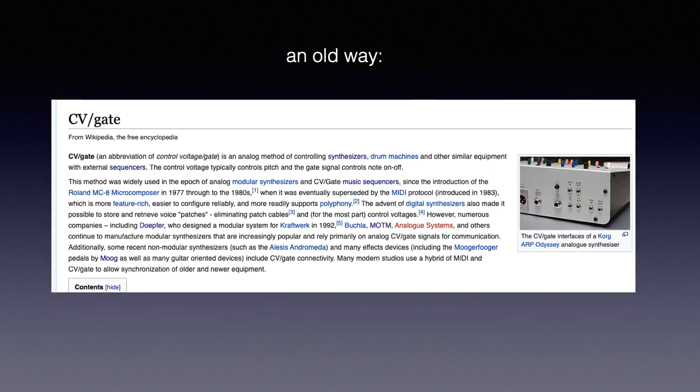Rewinding a bit, and again you might have to read this on Wikipedia too, control voltage and gate is an analog, quote-unquote, method of controlling synthesizers, drum machines, and other similar equipment with external sequencers. The control voltage typically controls pitch, and the gate signal controls note on, note off. Very, very simple. In other words, control voltage gets an electric voltage pulse and controls the signal, the audio sound, and the instrument itself.